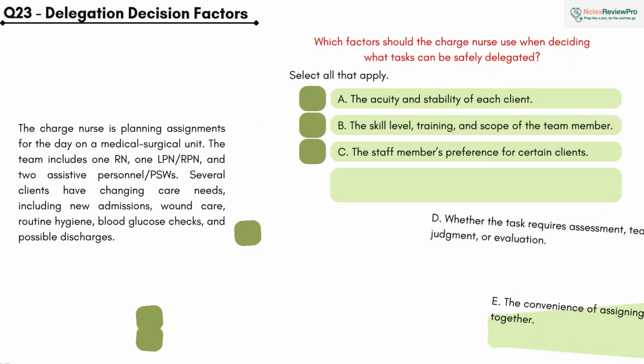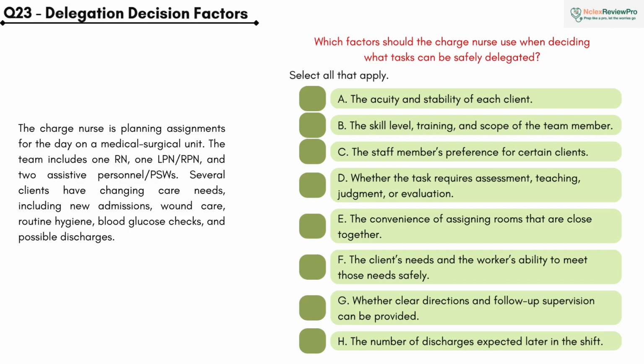The options are: Option A, the acuity and stability of each client. Option B, the skill level, training, and scope of the team member. Option C, the staff member's preference for certain clients. Option D, whether the task requires assessment, teaching, judgment, or evaluation.